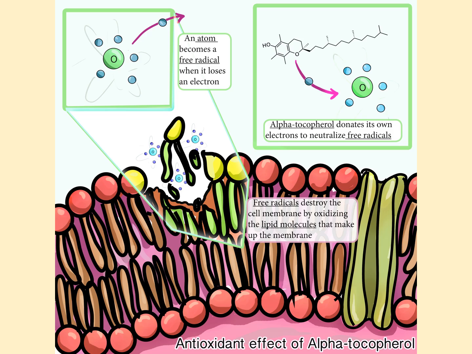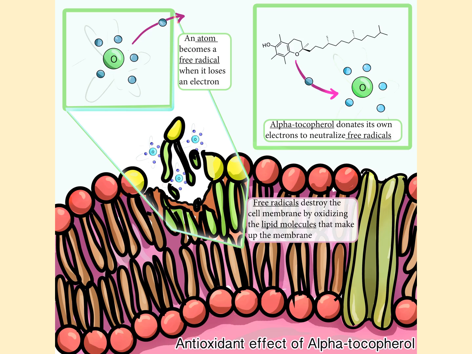And the biggest thing is the free radicals then are unstable, and they can go and destroy things like cell membranes because they oxidize those phospholipids that are making up the membrane. So free radicals can be very damaging to our cell membranes and our tissues.